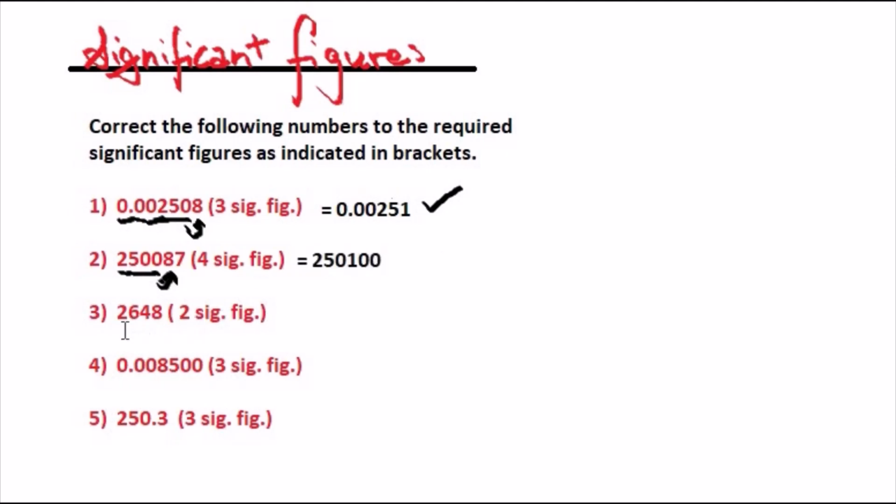Alright, so next we're looking at number 3. We want 2 significant figures. Now we'll start with the first non-zero digit, which is 2. And the very next digit is a non-zero digit as well, so it is a significant figure. So we have 1, 2. And we're only looking at these 2. Now, once we identify the required significant figures, look at that last one, and then we check the very next digit next to it.